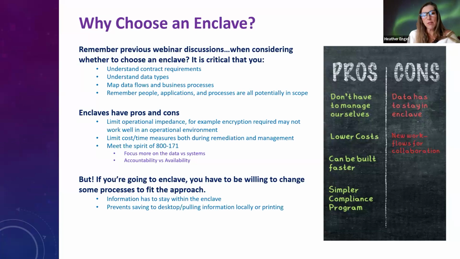You've heard me talk a little bit throughout this about the pros and the cons. We're not going to sit here and tell you that an enclave is the perfect solution for anyone and everyone. They can limit operational impedance. For example, encryption required might not work well in an operational environment.